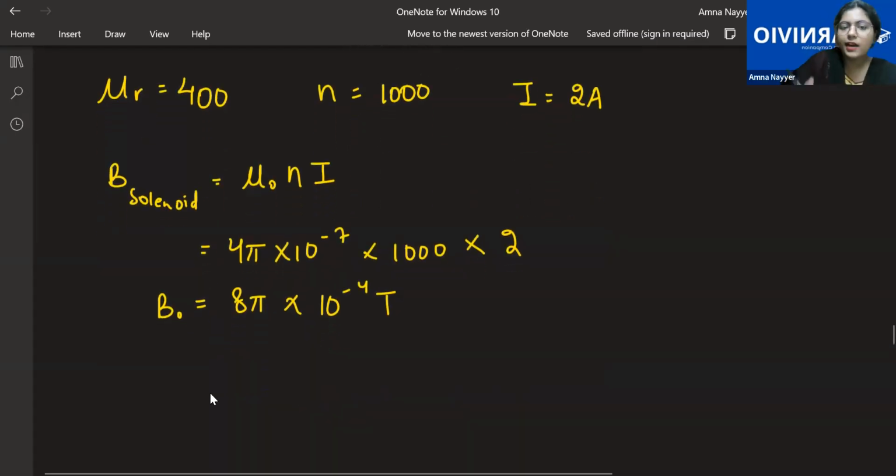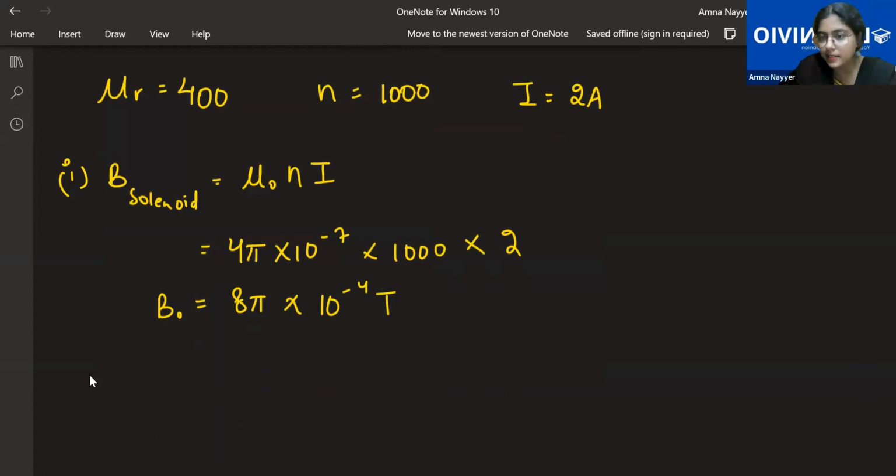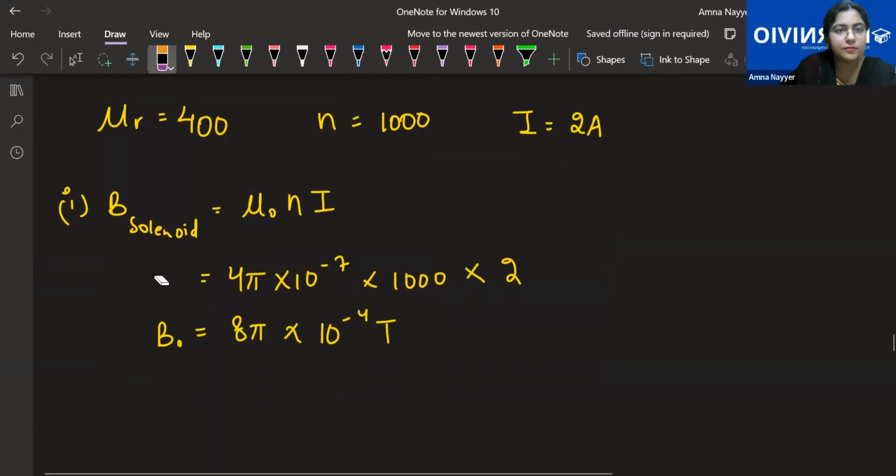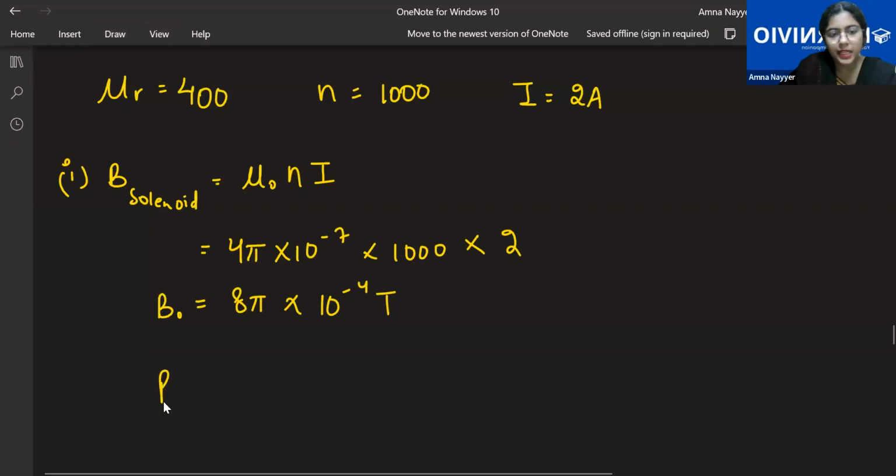When you have to calculate the magnetic intensity H, from the formula B naught is equal to mu naught H, you can just divide it by the permeability. Anyways, from here also directly, permeability would have been cancelled.